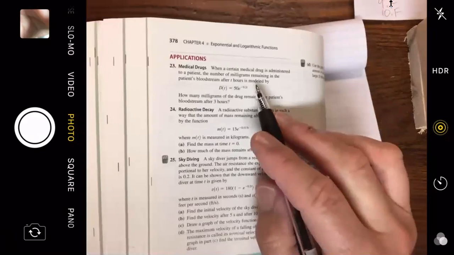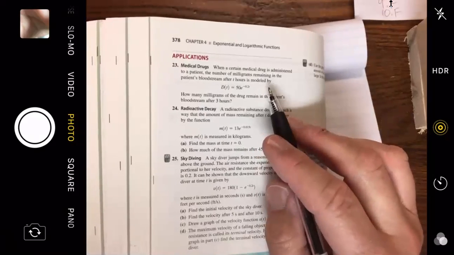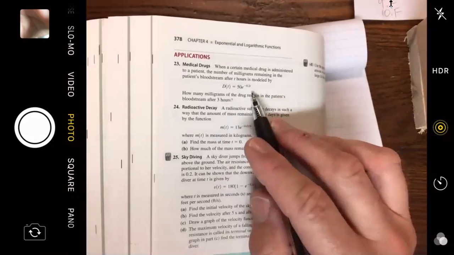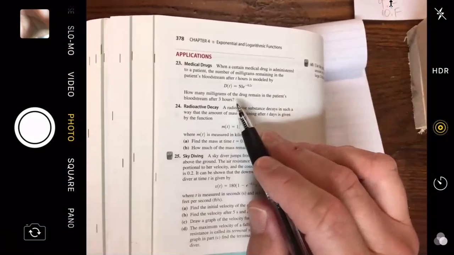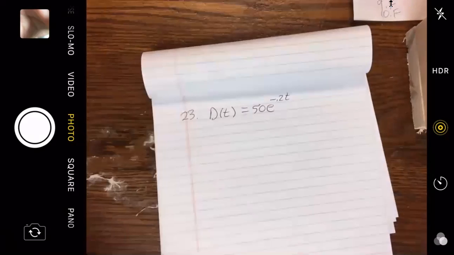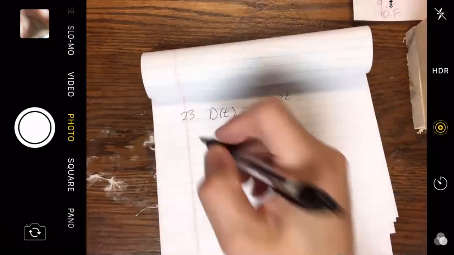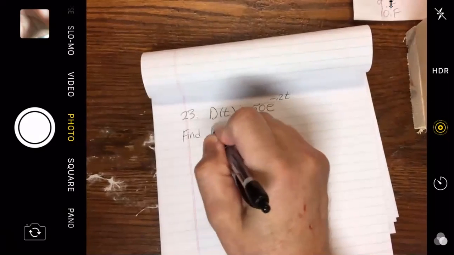So they're giving out a certain medical drug. The number of milligrams remaining in the bloodstream is modeled by this. How many milligrams after 3 hours? So you give the patient the drug, and how much of the drug is in there after 3 hours? In effect, they want you to find D of 3.